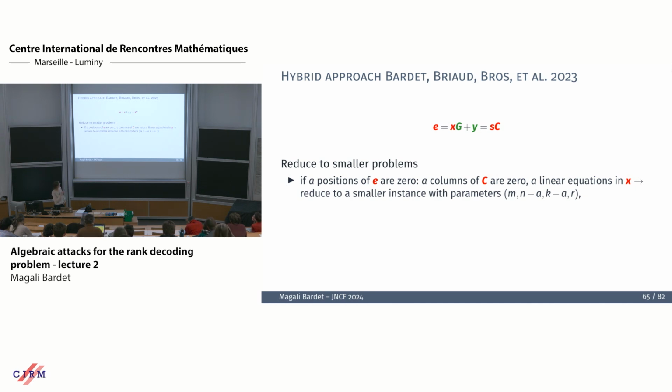And if I have a coordinates that are 0 here, I get a linear equation in X. So I can rewrite my problem and reduce to a smaller instance where I remove a values in X and a columns in C, and I have a smaller problem with a new G and a new Y, where the length is still m, the field does not change, but I have n minus a columns in all the matrices, and the dimension is smaller, it's k minus a.